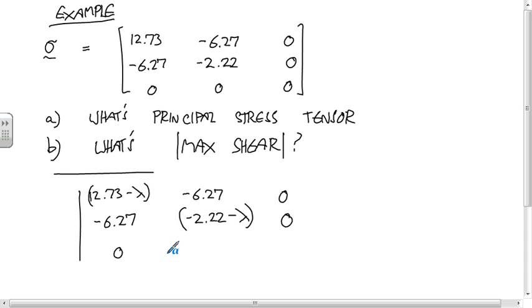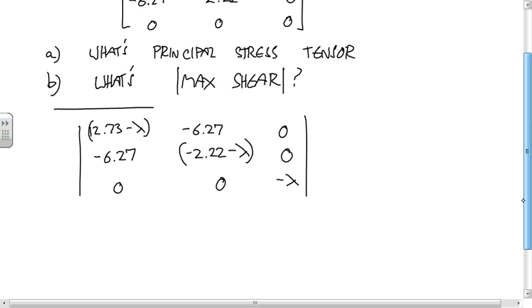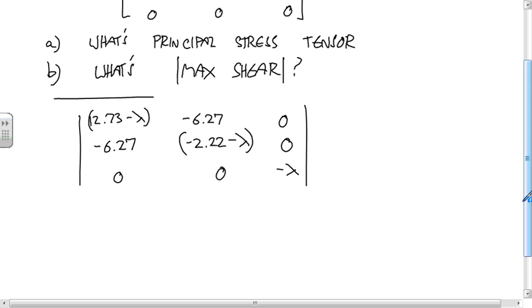And then 0, 0, negative lambda. And with this matrix with the sort of absolute value signs on it, that's saying we're calculating this determinant, and we have to set this determinant equal to 0.